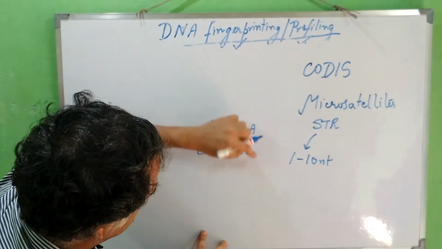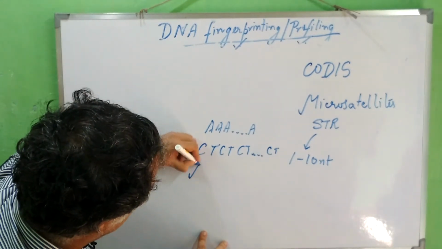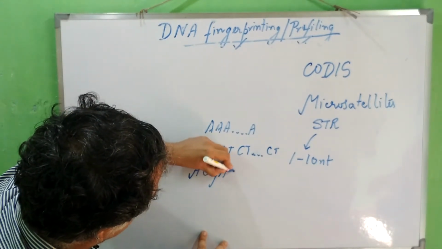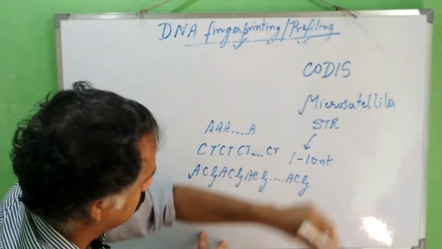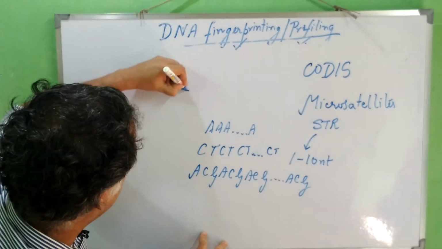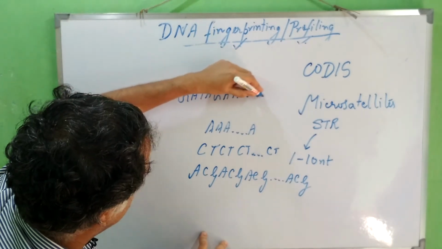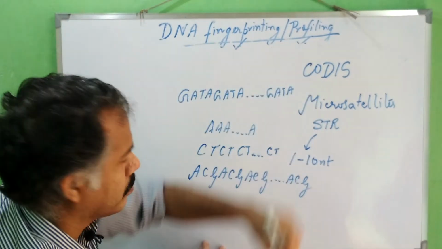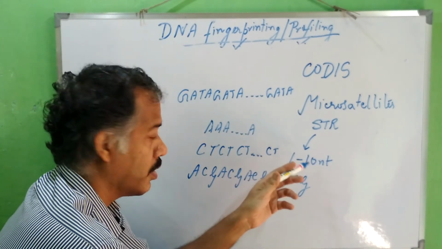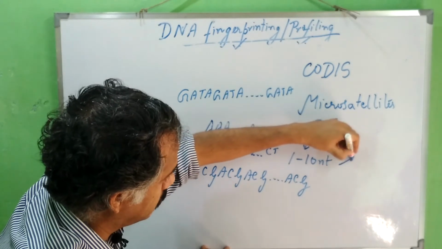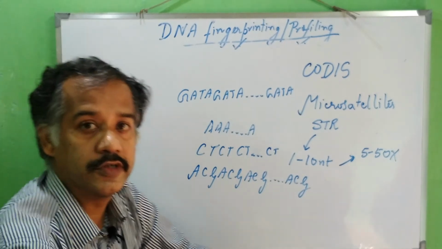Or it could be something like ACG, ACG, ACG, ACG. Or it could be a tetranucleotide like GATA, GATA, GATA. So the microsatellite repeat unit could be between 1 and 10 nucleotides, and they are also repeated, let's say, 5 to 50 times at different positions of the genome.